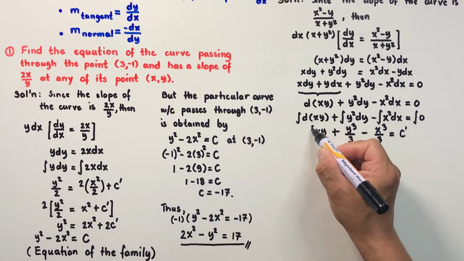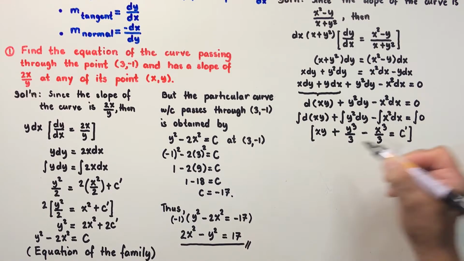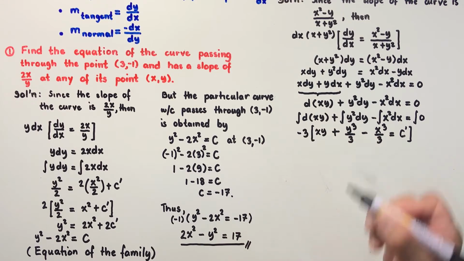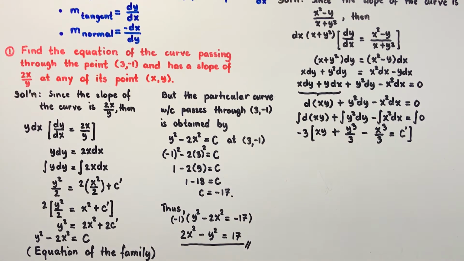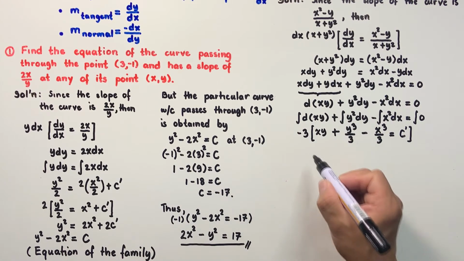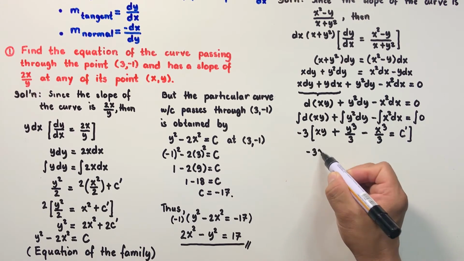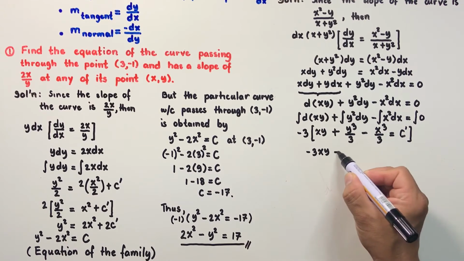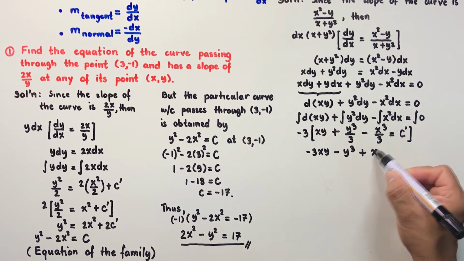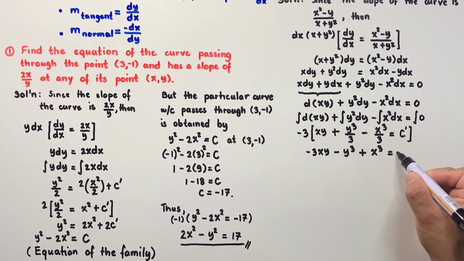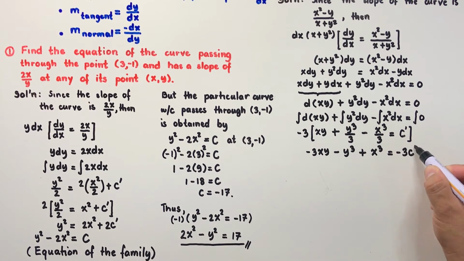Then multiplying both sides of the equation by -3 so that we can eliminate this 3 in the denominators, we have -3xy minus y cubed plus x cubed, which is equal to -3c prime.